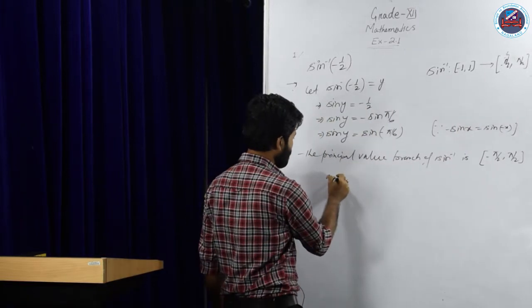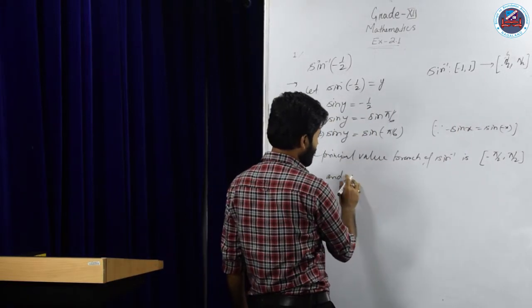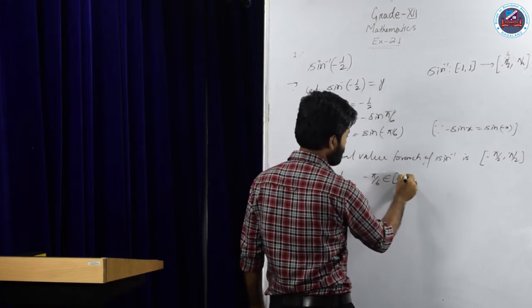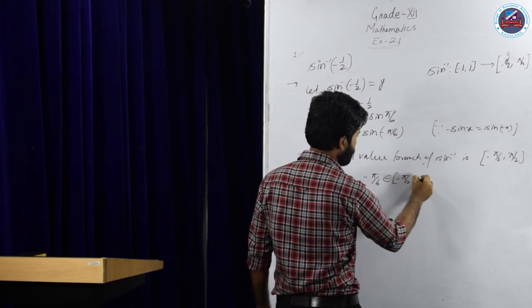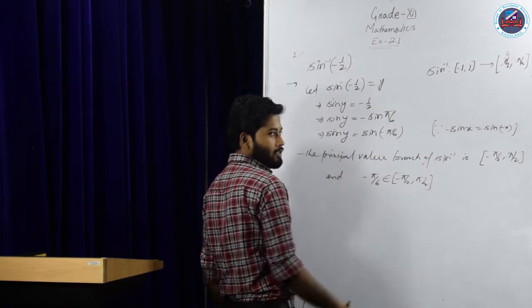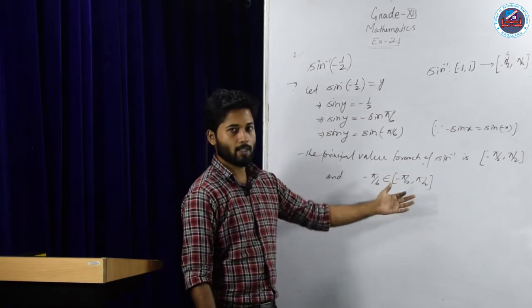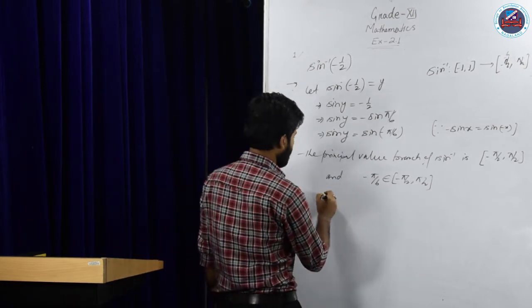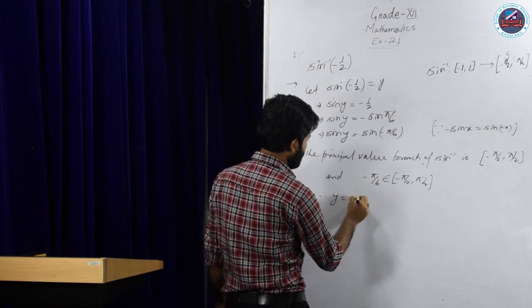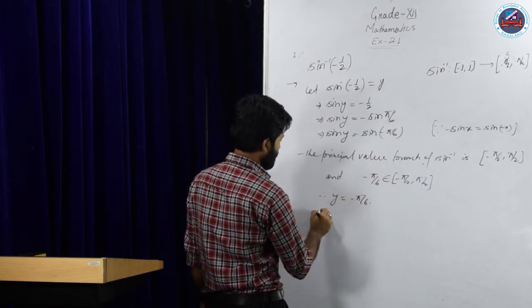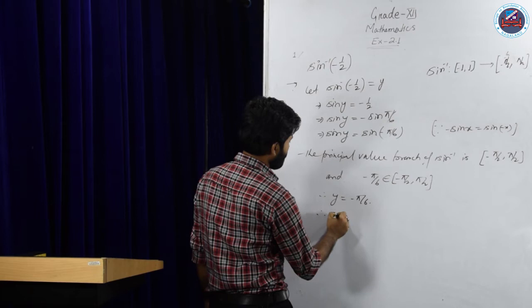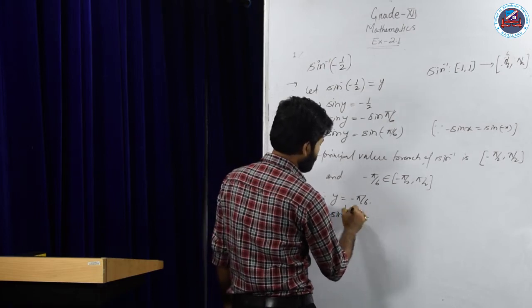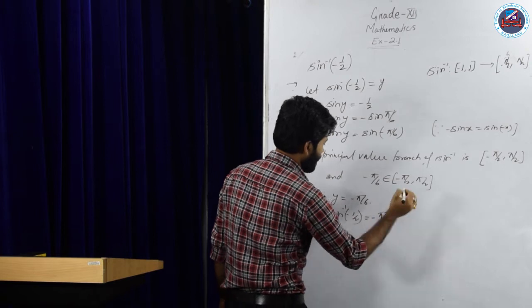And we see that minus pi by 6 belongs to minus pi by 2 to pi by 2, isn't it? You can easily see that it belongs to this, and hence we can say that this is the principal value. Therefore y is equal to minus pi by 6. Hence sine inverse of minus 1 by 2 is equal to minus pi by 6.